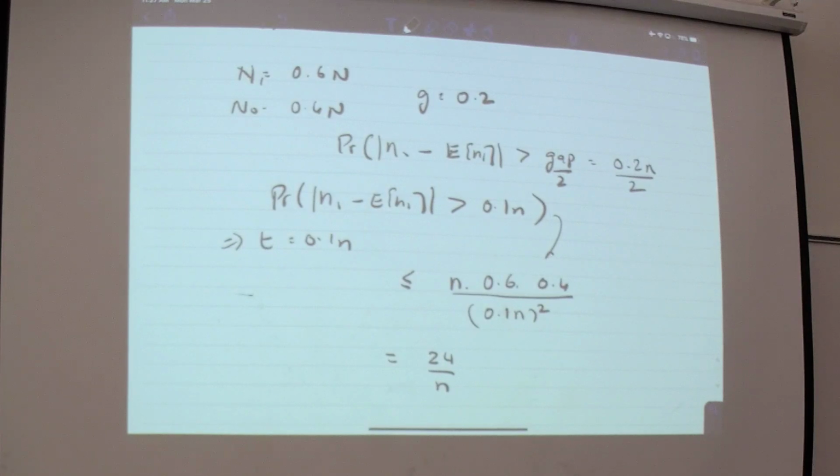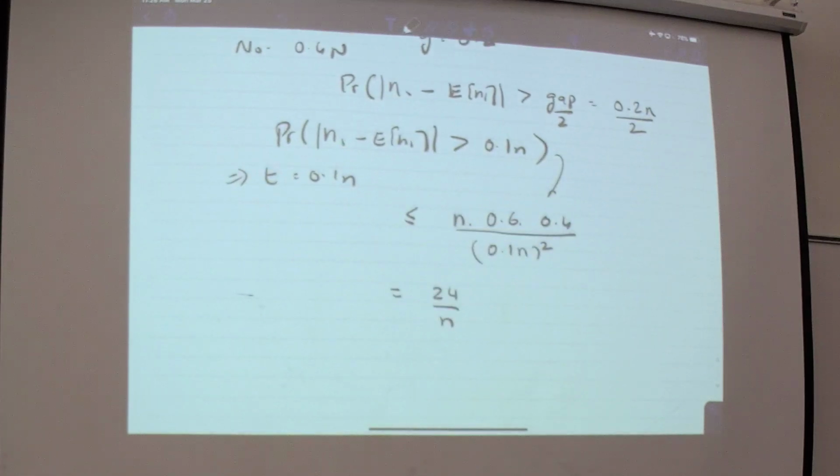So now you can say, I want to make sure that in my sampling, my probability of error is less than 2%. So what I'm saying is I want my probability of error of deviating from this by more than 0.1 to be less than 2%.